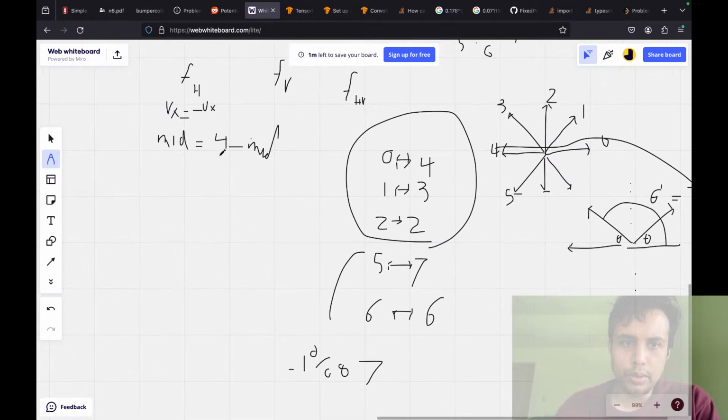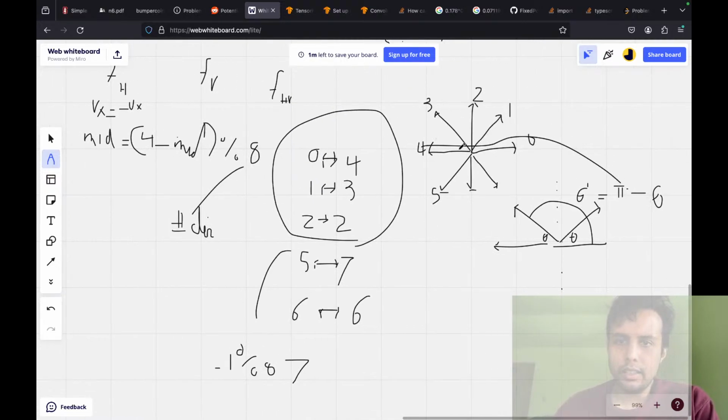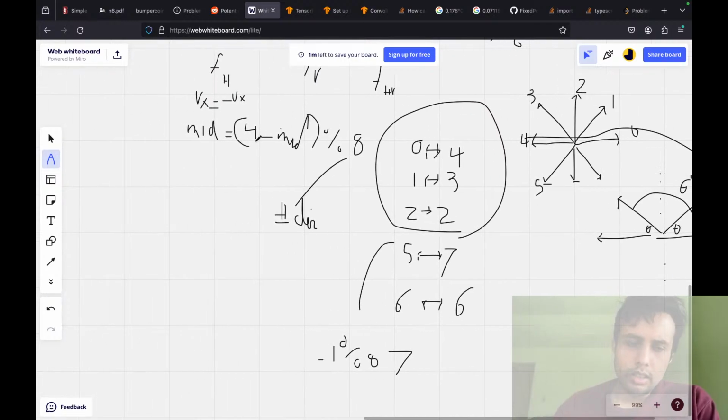So here's my new formula: 4 minus mid, mod 8. Where more generally 8 is the number of durs, which is for 2 pi. And for pi, it's number of durs over 2. So this mandates that number of durs is an even number. Number of durs 8 divided by 2.